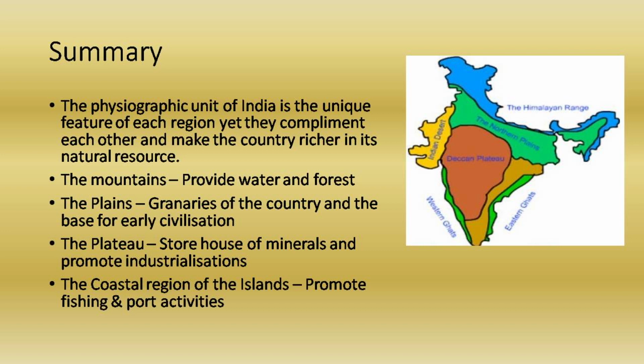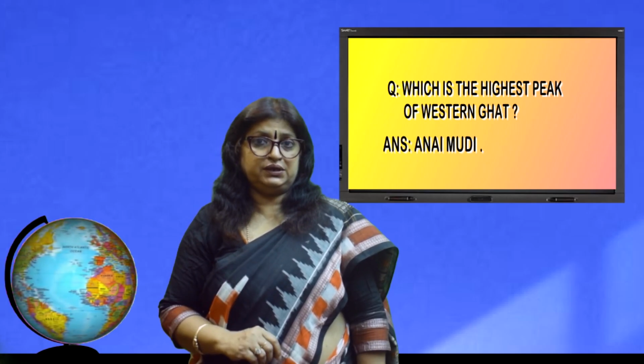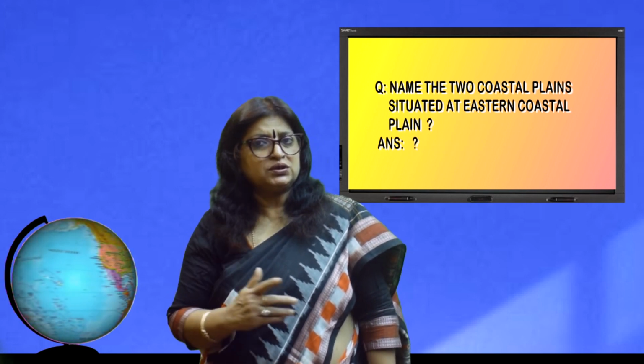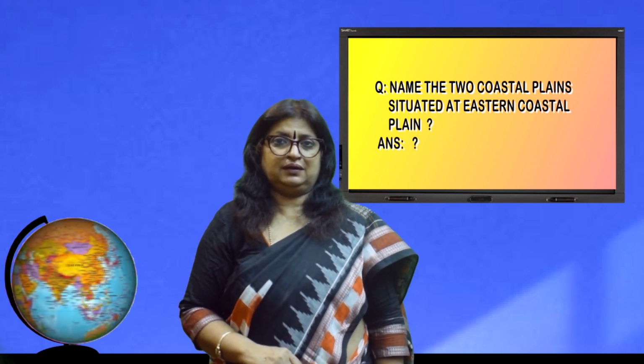So, before we wind up, let me ask you a few questions. Question number 1. Let's see how quickly you can answer. Which is the highest peak of the Western Ghats? Right. The answer is Anai Mudi. Next question. Name the two coastal plains situated in the eastern coastal plain.